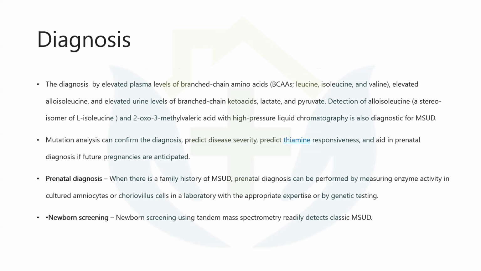This will be detected, as I said, by different chromatography techniques or by biochemical tests. If there is a family history, we can even detect the enzyme prenatally, in amniocytes or chorionic villus cells as well. Even after birth, we can screen the newborn with mass spectrometry techniques. The enzyme can be assessed and we can detect classic maple syrup urine disease as well.